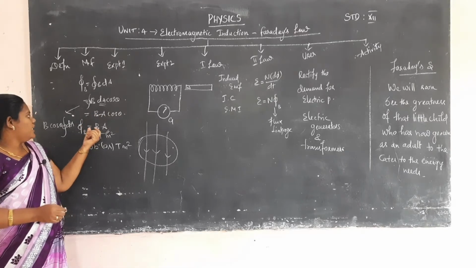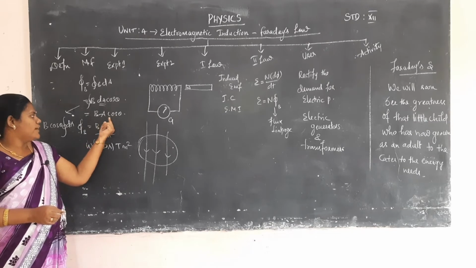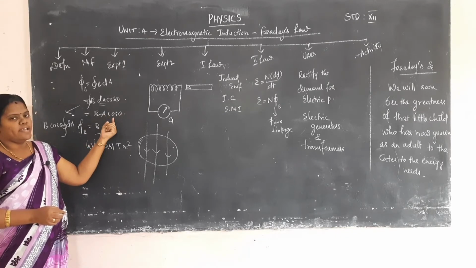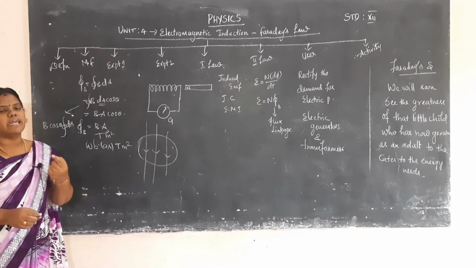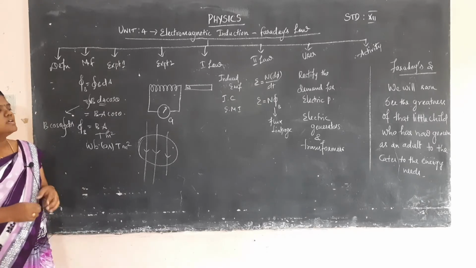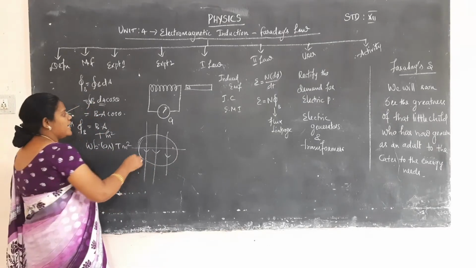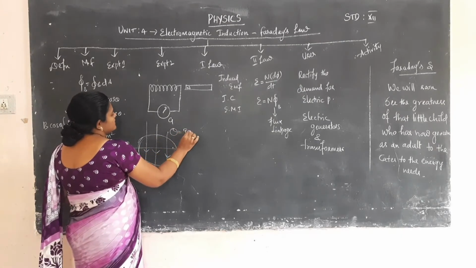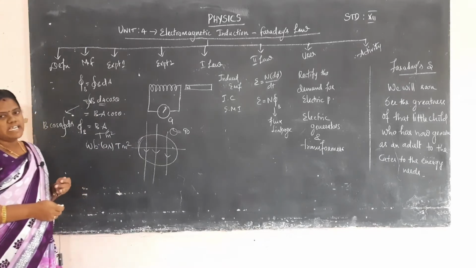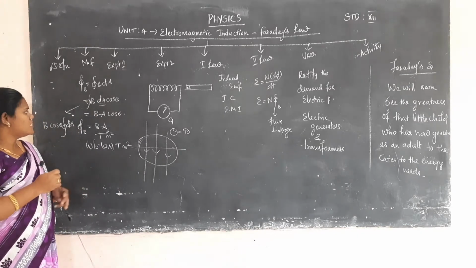Where does the cos theta go? Theta we consider as 90 degrees, because the magnetic field is perpendicular to the plane of the coil. So cos 90 value is 0.